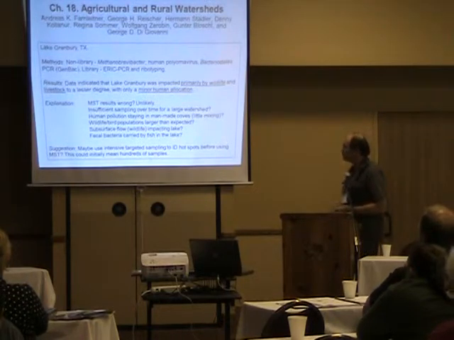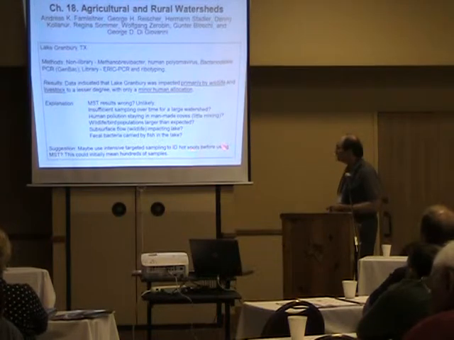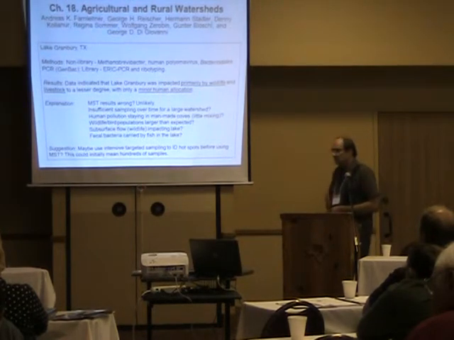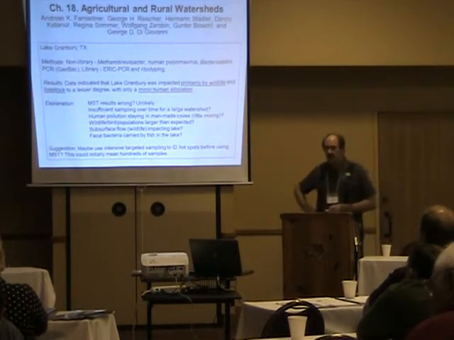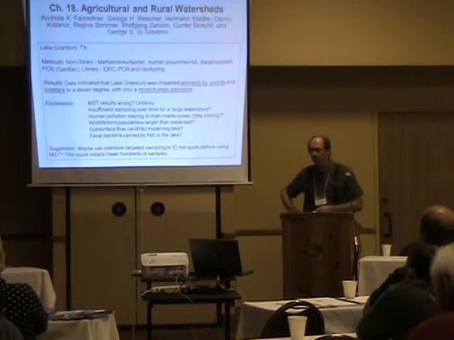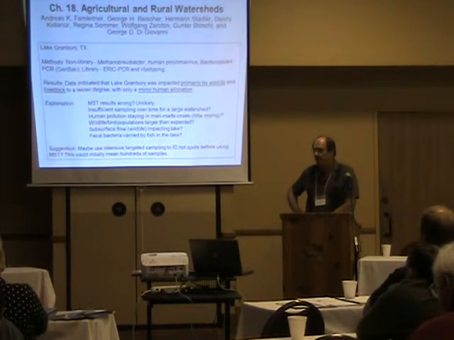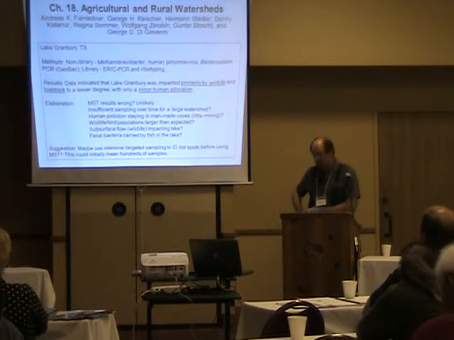Suggestion: maybe use intensive targeted sampling to identify hot spots before using source tracking. But to do that right, over seasons, over different impacts on the watershed, are those homes all occupied year-round? Are they seasonal? Are people there at some times and not others? Is it highly influenced by precipitation?